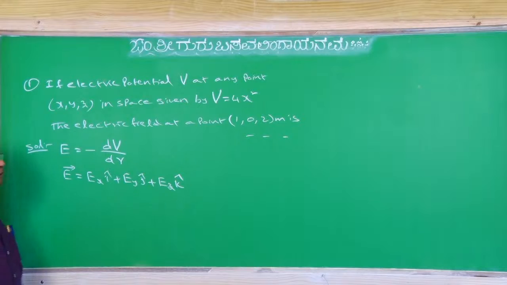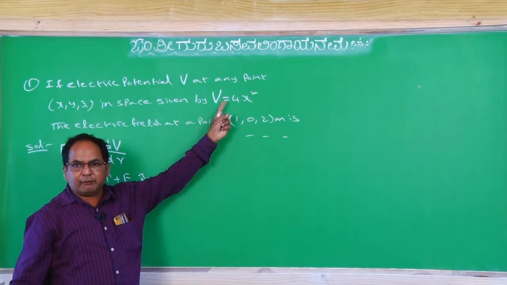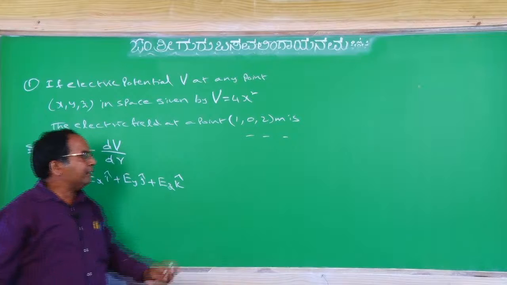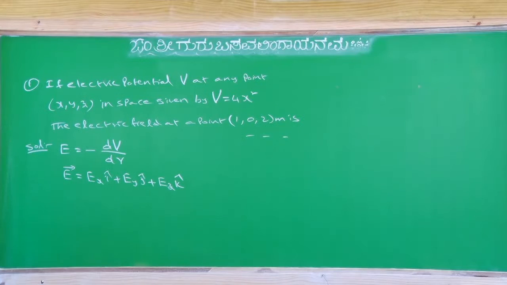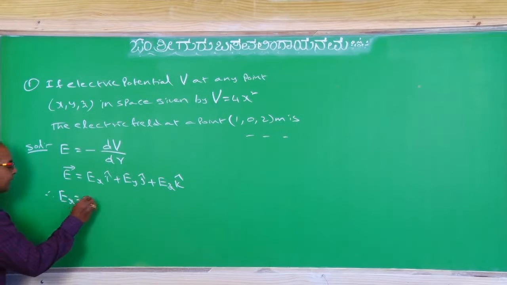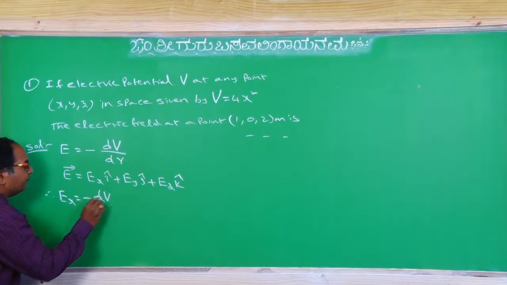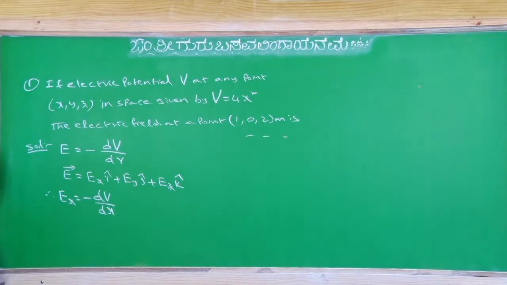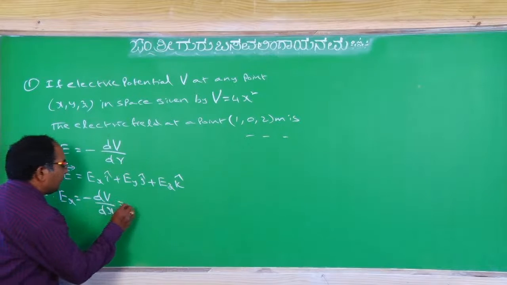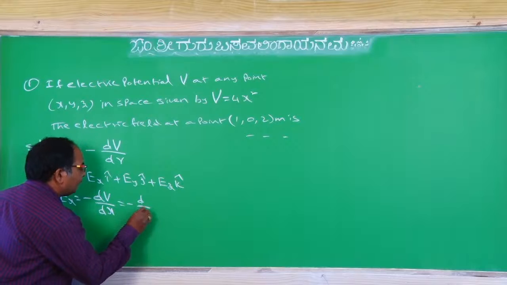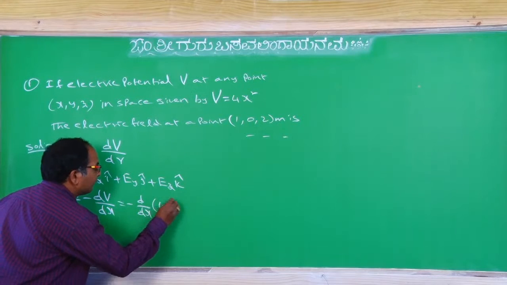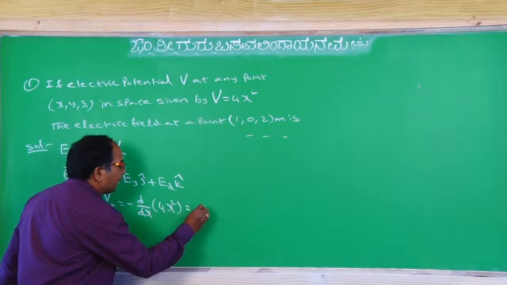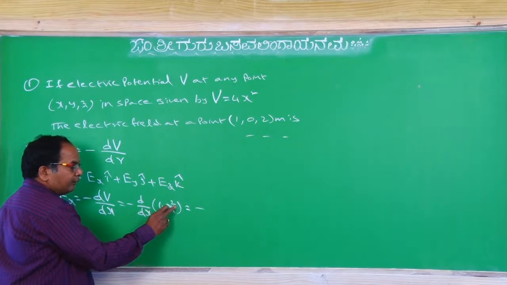Here potential is given as a function of x, which means its corresponding electric field has only Ex. So Ex is equal to minus dV by dx, which is minus d by dx of 4x square. Differentiation of x square is 2x.